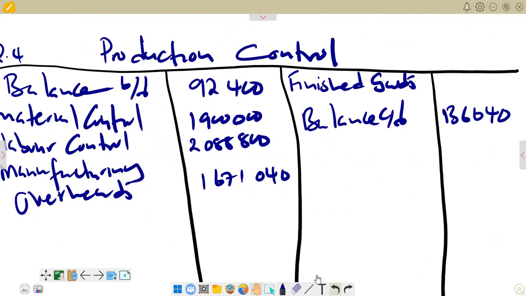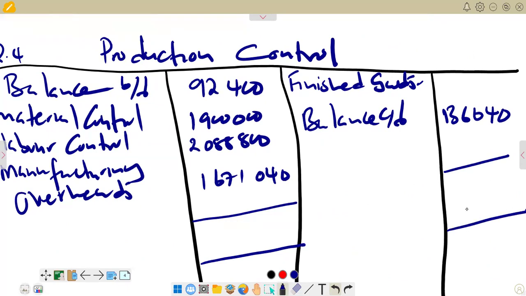Right, on our production control, we are also going to apply the finished goods as a balancing figure here. So we can put our double lines. If you add the debit and the credit, you see that on the debit side is where we got a greater total of 5,752,240. That is going to appear on both sides.